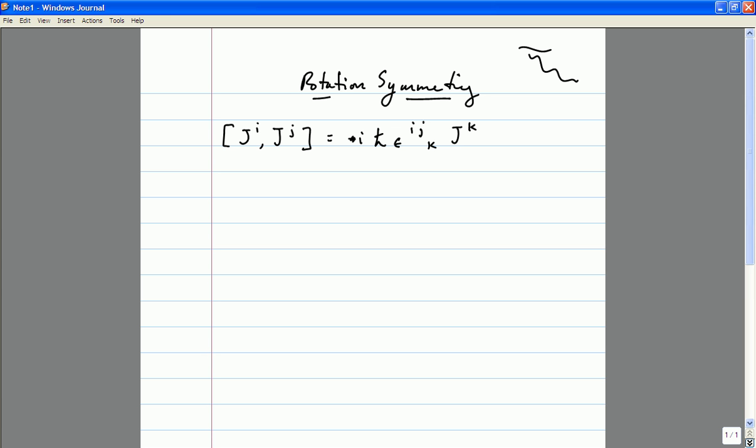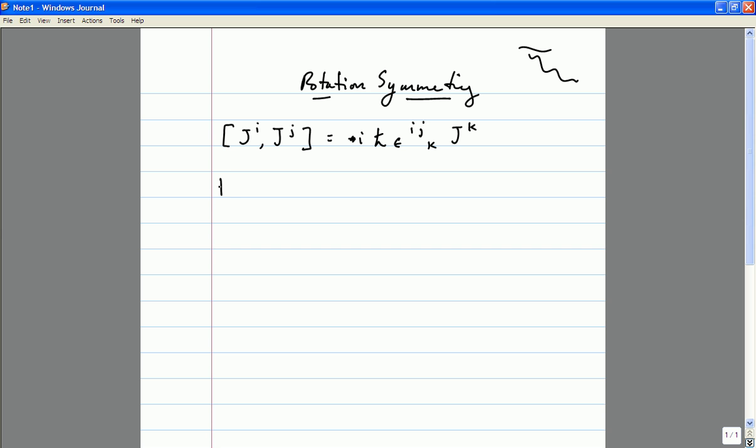And the question that we started to ask last time is, what possible Hilbert spaces are there which can be acted on by three Hermitian generators obeying this algebra? And that will describe for us the possible quantum mechanical systems with rotation symmetry.